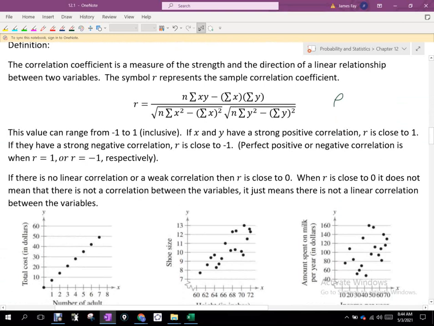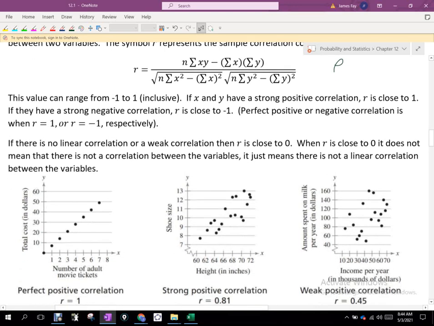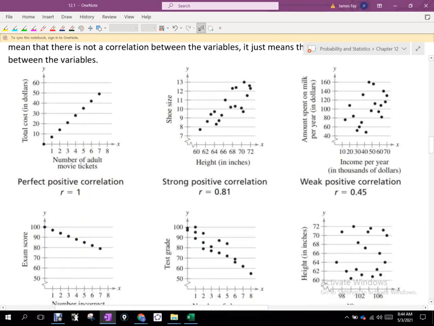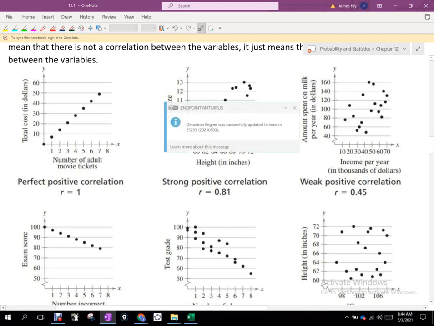Once we realize that there is not a linear correlation, we say, okay, well, is there a quadratic, cubic, quartic, whatever? Okay. So these are some situations where r is equal to 1 right here. Okay. R is equal to 1. That is a perfect positive correlation. You can see that is very linear, right?